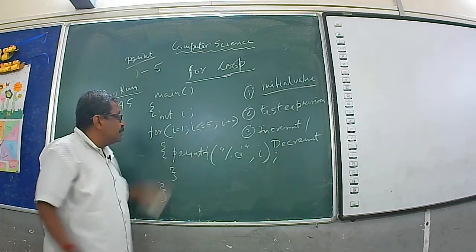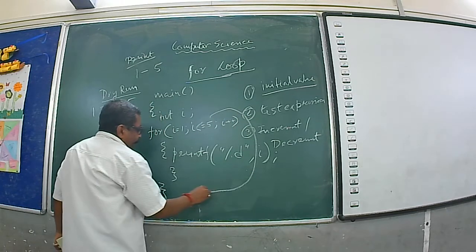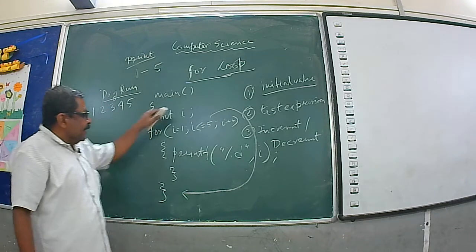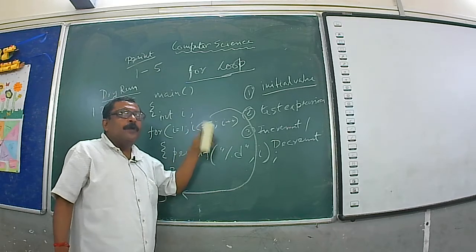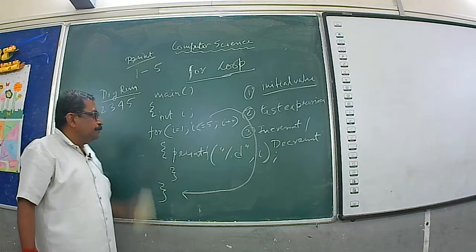When it is false, control comes out here. That means it will print 1 to 5. When the value of i became 6, it will come out from the loop.